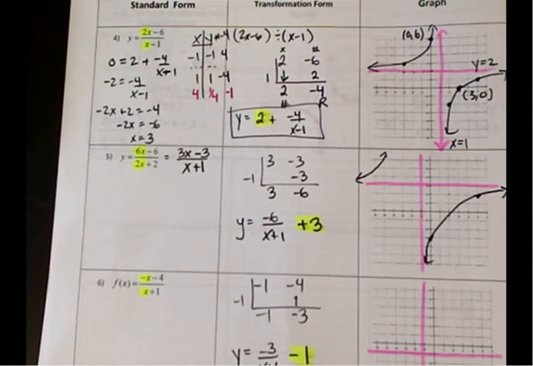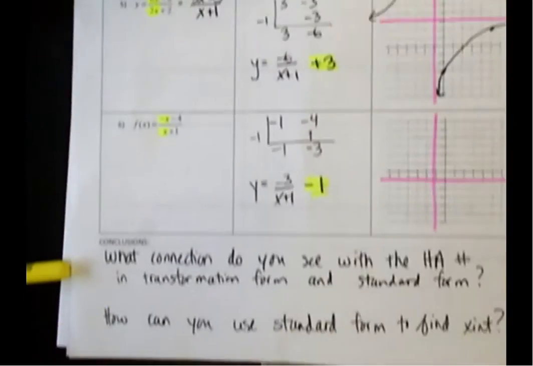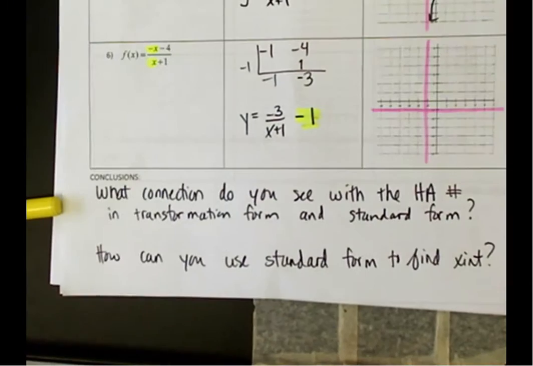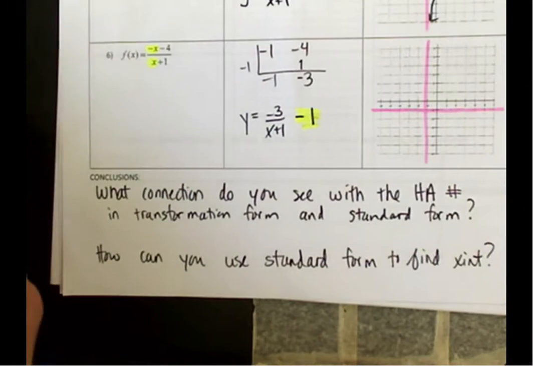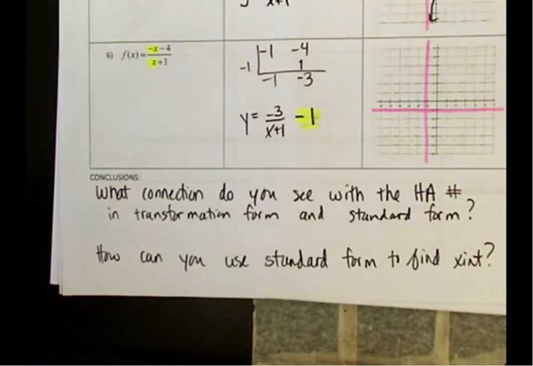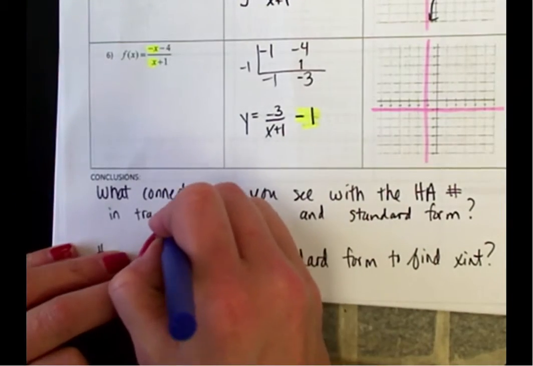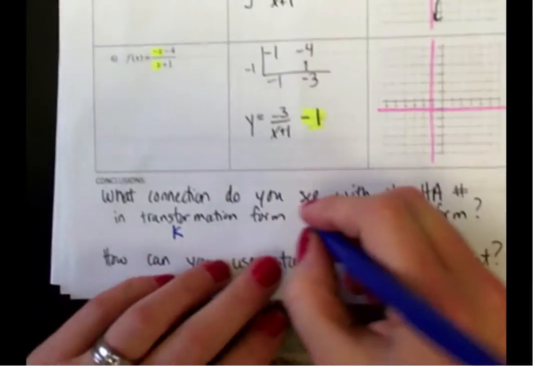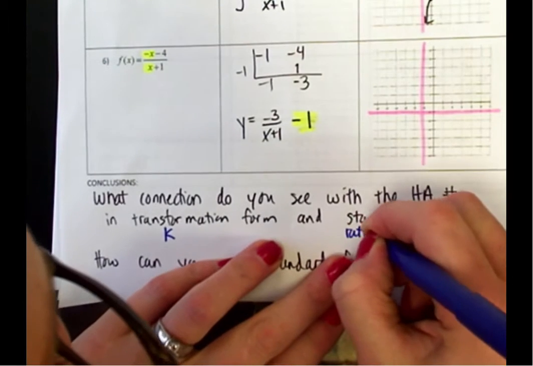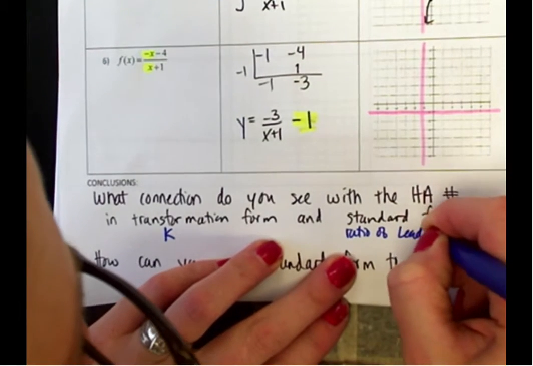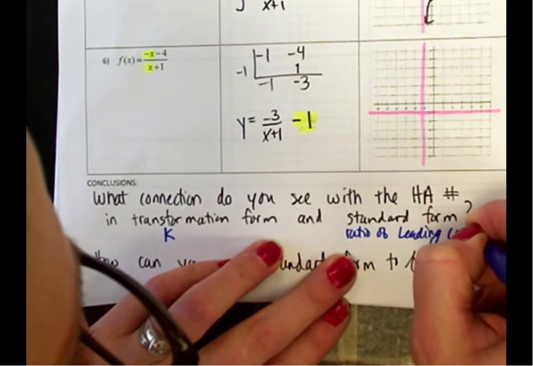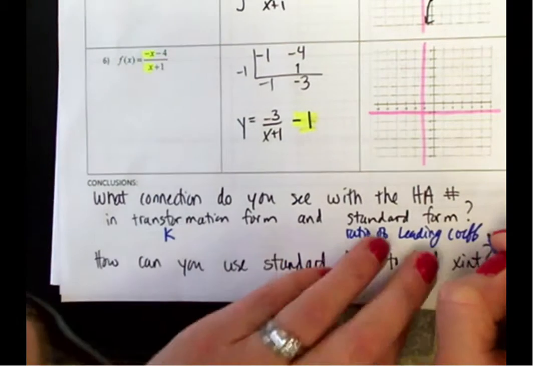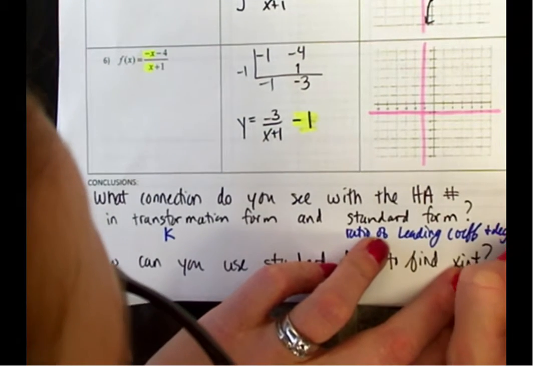Okay, second question. Let's write that one down. What connection do we see with the horizontal asymptote number in transformation form and standard form? In standard form, I'm going to put it's the K number. It's the ratio of leading coefficients and degree.